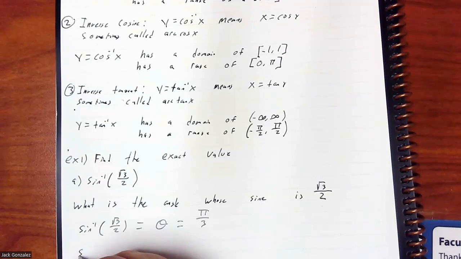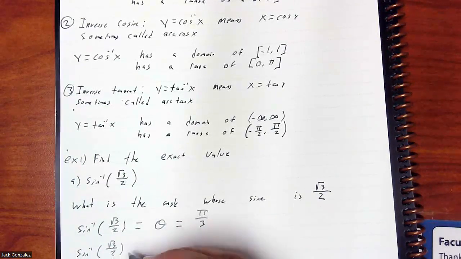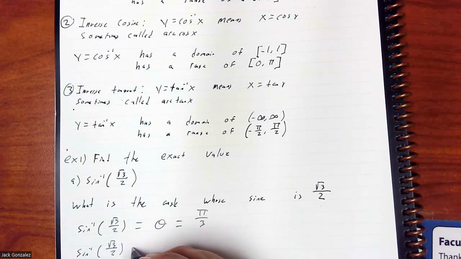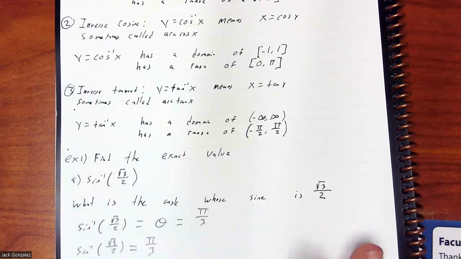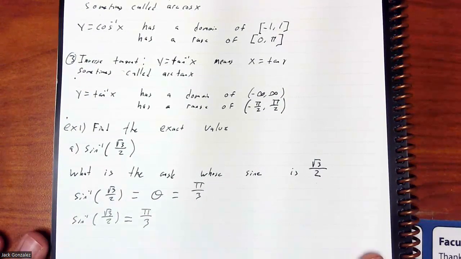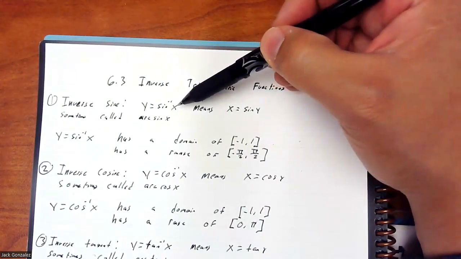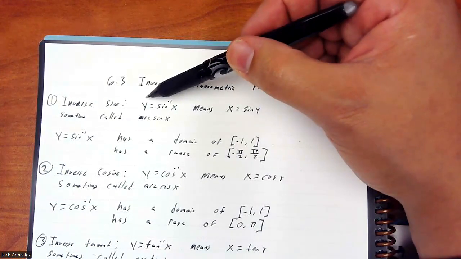Now, if you apply the definition, just so we're comfortable, sine inverse of square root 3 over 2 equals pi over 3. Remember we said it at the very top: some number equal to sine inverse of a value. So this is the angle.